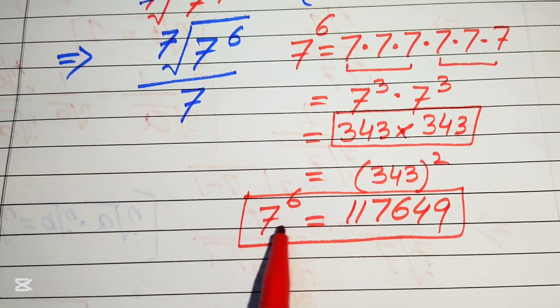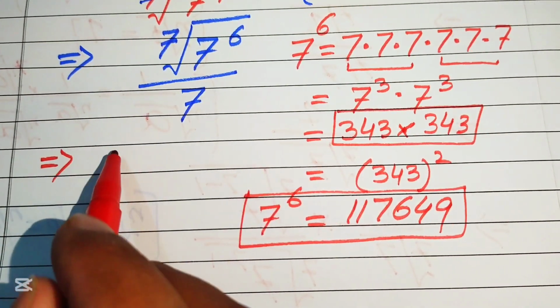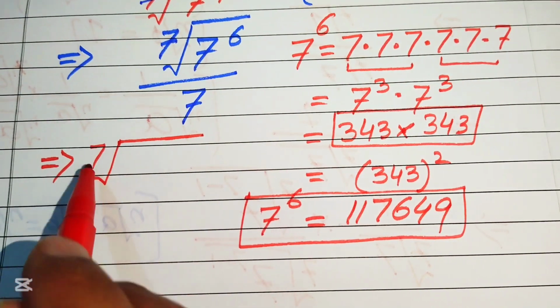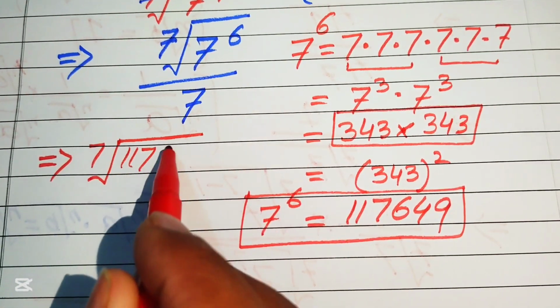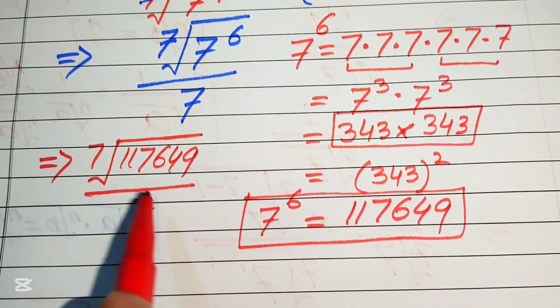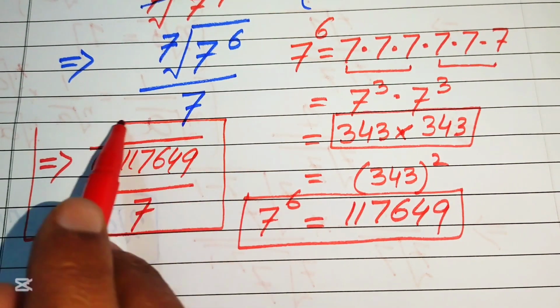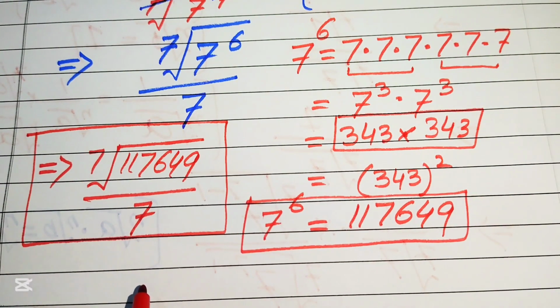Now we need to replace this value of 7 to the power of 6 here, and it will be written as the 7th root of 117649, divided by 7. So this is our final simplified form of the given algebraic expression.